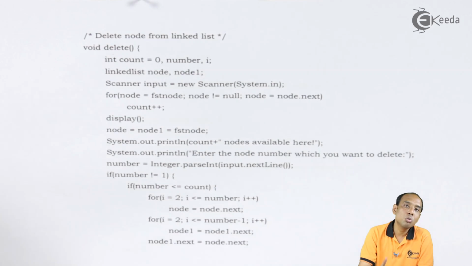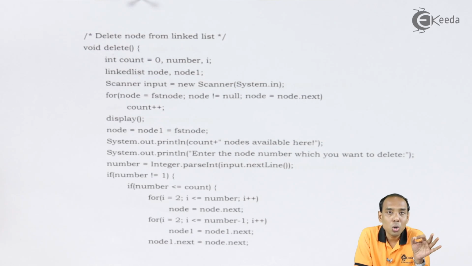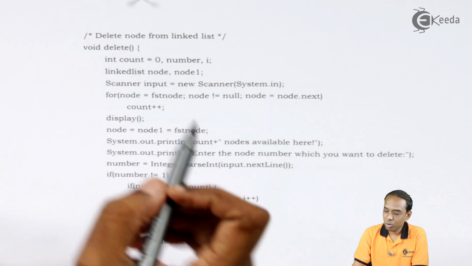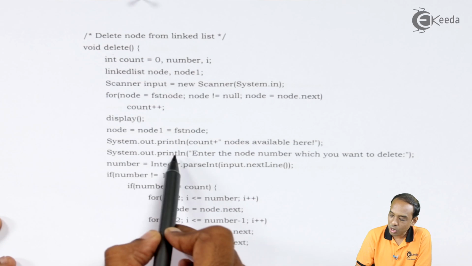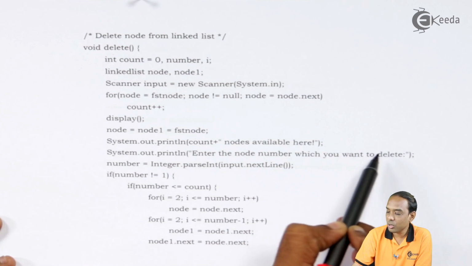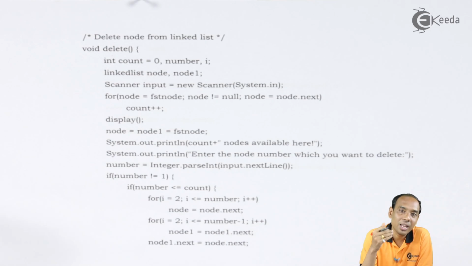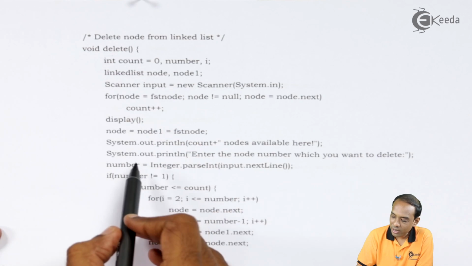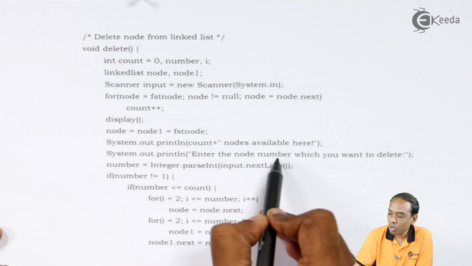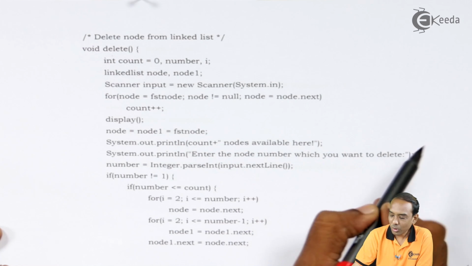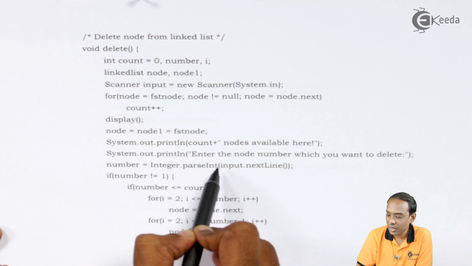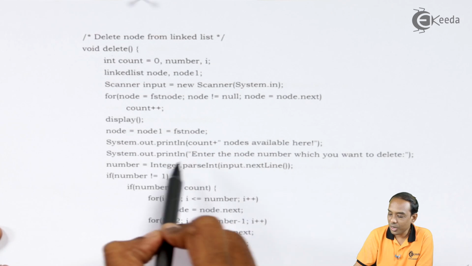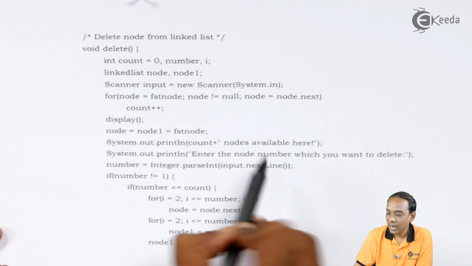Then I will ask the user to delete that particular node. To give this, I take System.out.println, enter the node number which you want to delete. I will be taking the position where the user wants to delete that particular node. Now using Integer.parseInt, I will take the input and convert it into an integer. Input.nextLine.